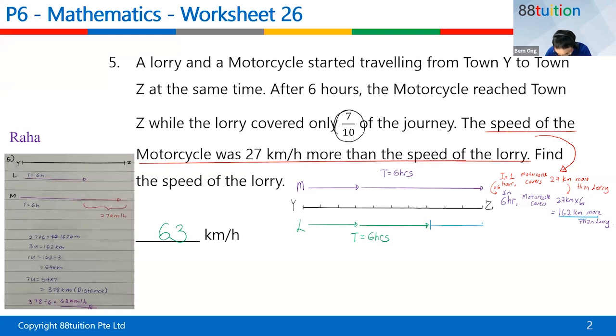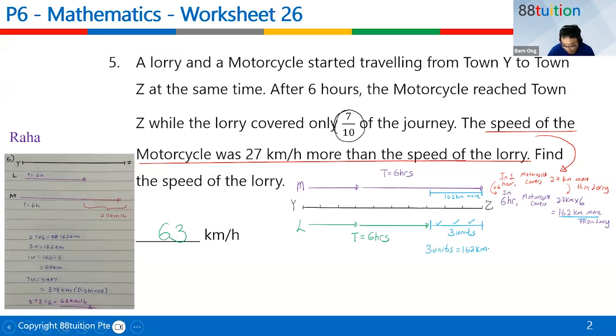And according to my drawing, down here represents 1, 2, 3 units, which also represents the part that is faster by the motorcycle, which is 162 km more. Can you see or not? So they are talking about the same thing. So you can say that 3 units actually equal to 162 km.